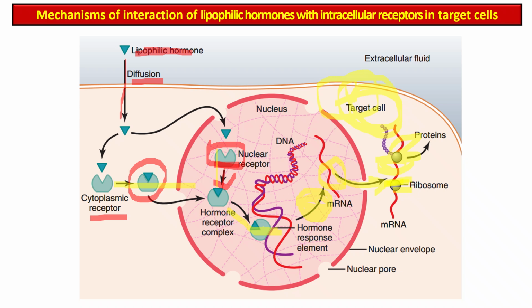And we know that the RNA messenger's work is to code; this genetic code is taken to the ribosome, and at the ribosome, the site of protein synthesis, the protein synthesis is executed. This mechanism explains the delayed but long-lasting effect of steroid and thyroid hormones, as they involve gene expression and protein synthesis rather than rapid second messenger cascades.